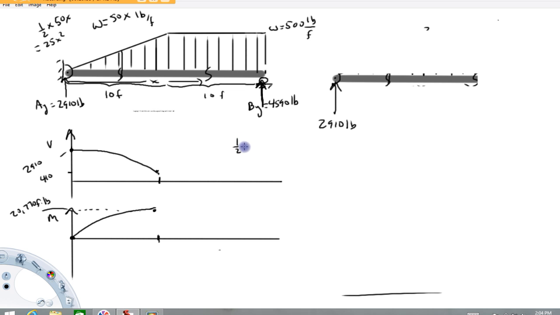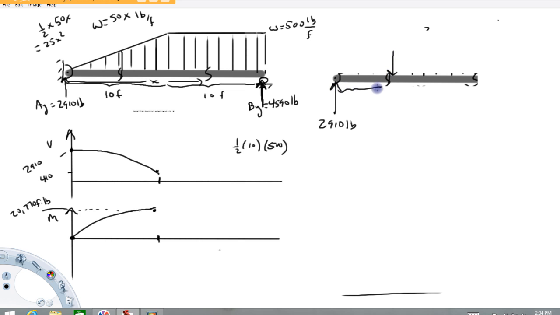So that's going to be 1/2 times 10 times this distance, which is 500. And that's going to come out to 2,500 pounds. And then that force goes 2/3 of the way from the left-hand side, or 1/3 from this corner. So that's going to be at 6.67 feet. So 10 is about in the middle, 6.67 is maybe about there.